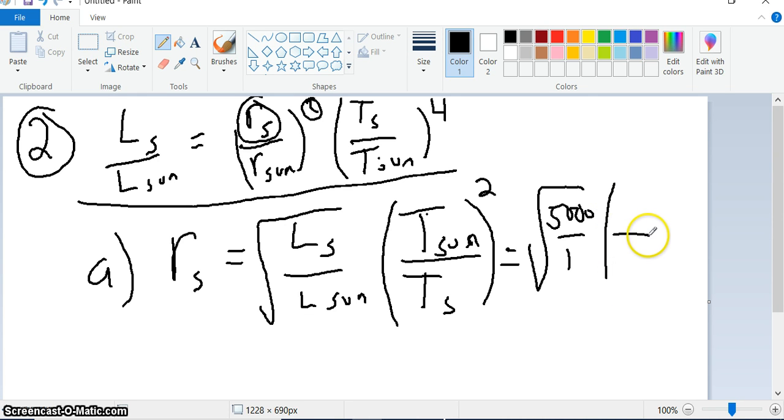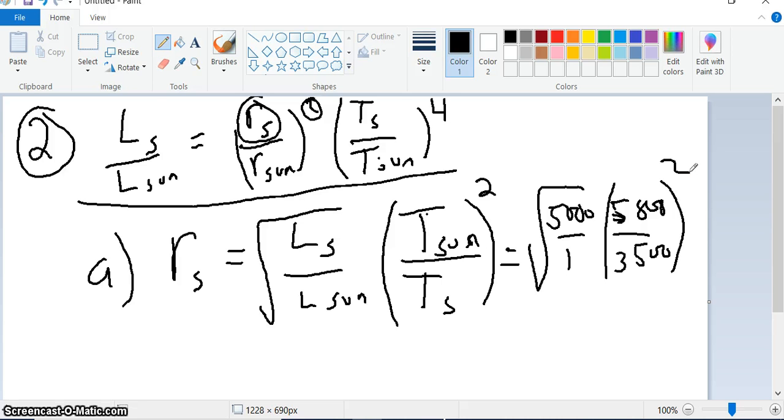It's the temperature of the sun, 5,800, divided by the temperature of this protostar, 3,500. Do the fraction first, square it, and then multiply by the square root of 5,000.